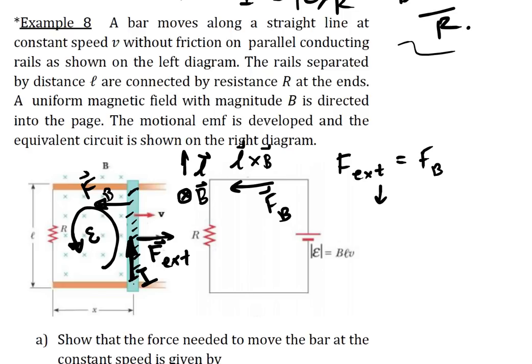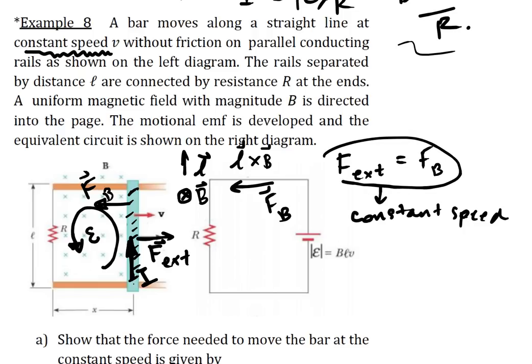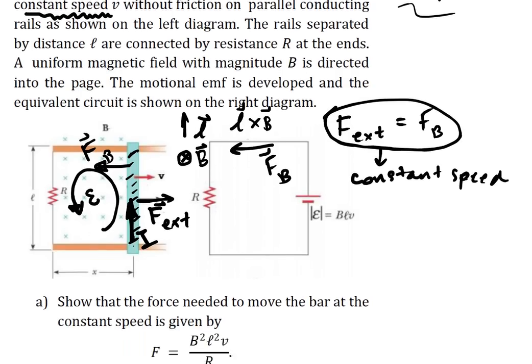Equilibrium here means constant speed. So this is the constant speed that your question is mentioning. The key is we need to calculate the Lorentz force from there.